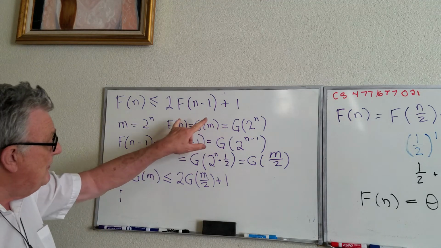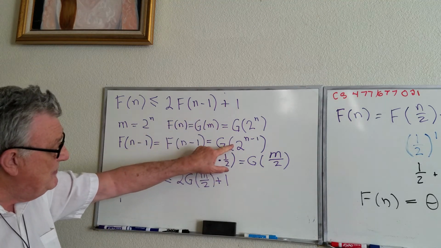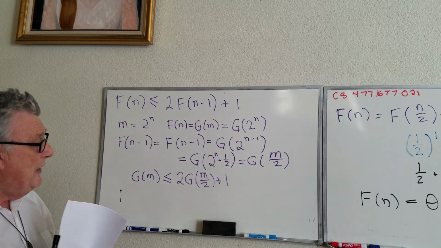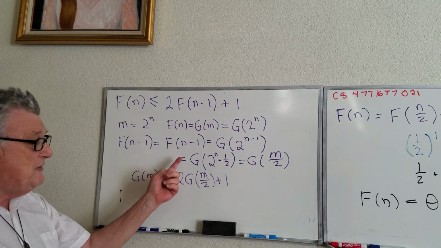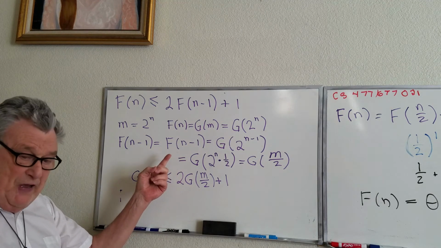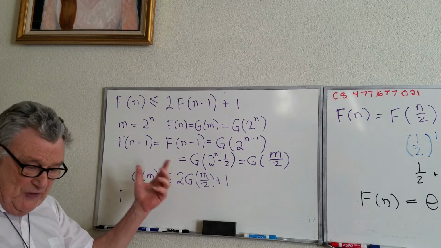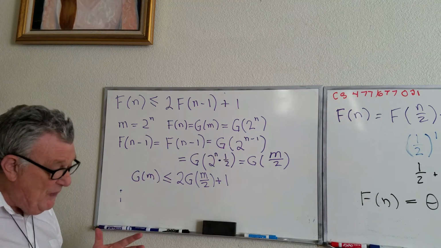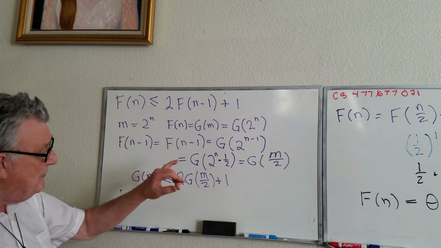We use this formula here to say that's g of 2 to the n minus 1. But what does it mean to say g of 2 to the n minus 1? You know that you multiply the powers when you add the exponents.